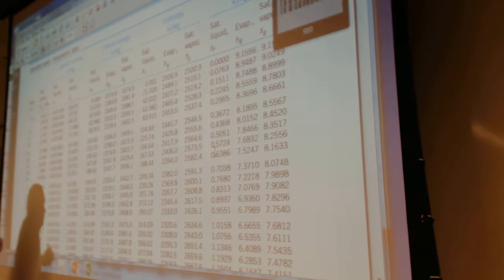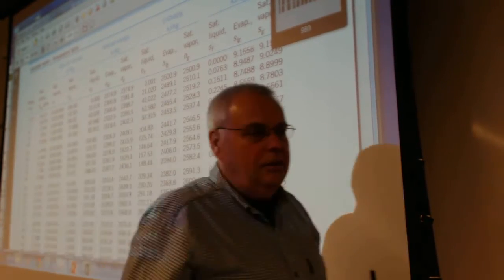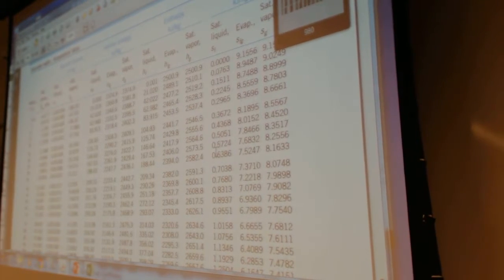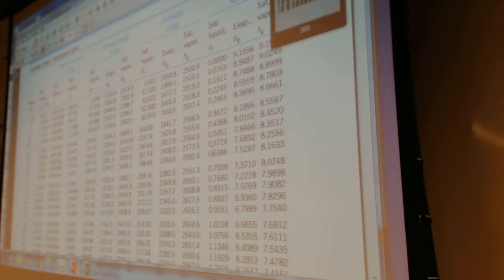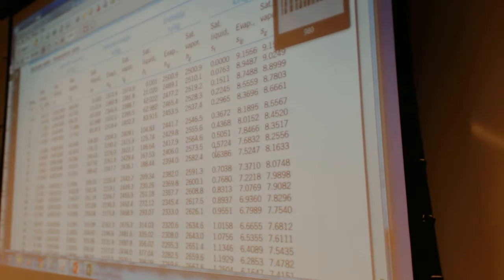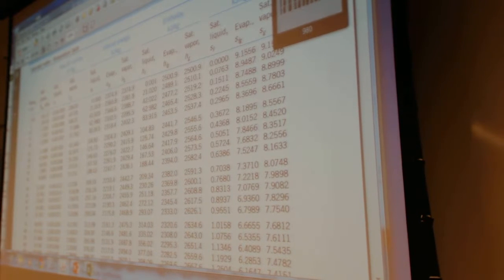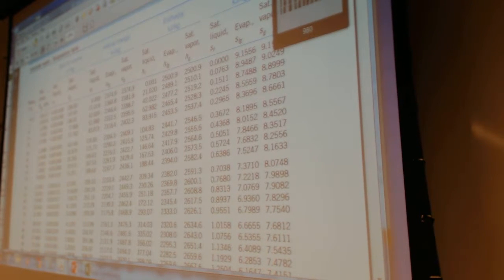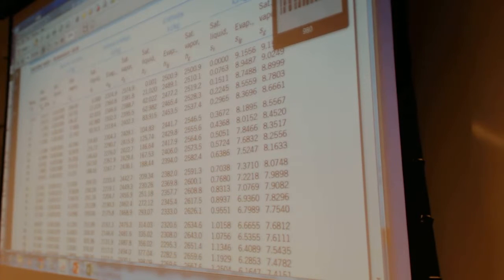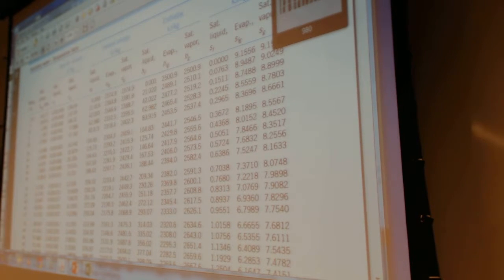But it's only 75% relative humidity. So where were we? 1698 pascals.